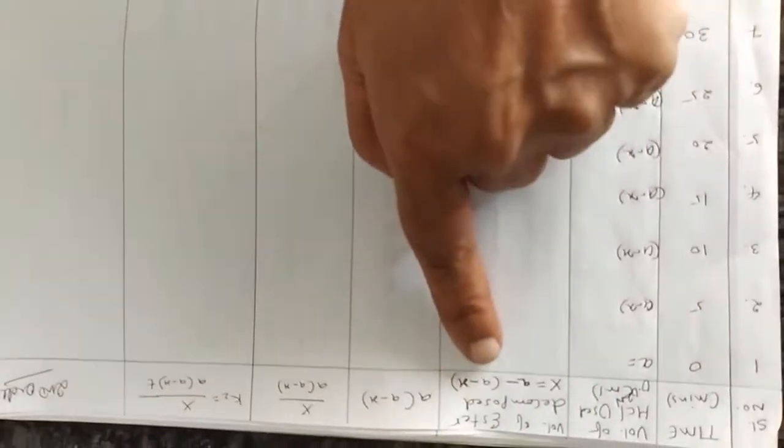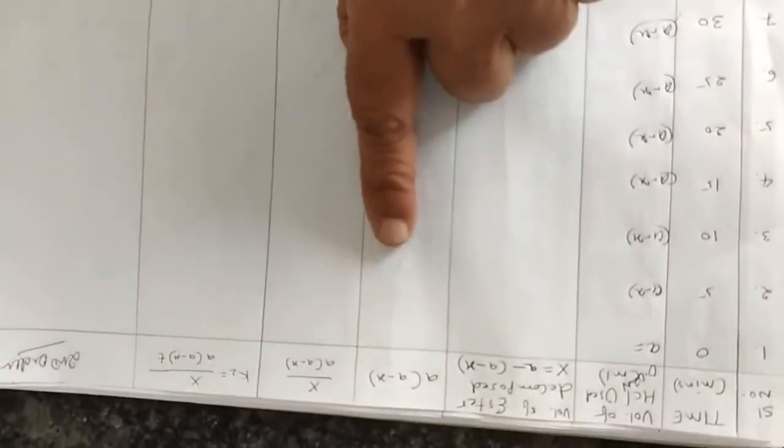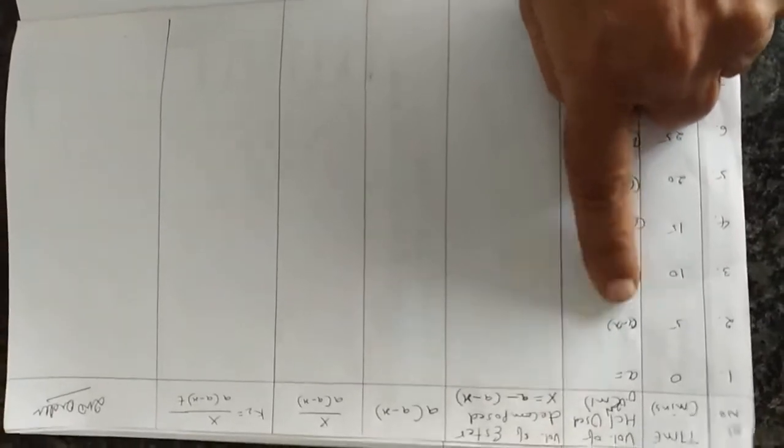Okay. Then next you will be taking the volume of the ester which has got decomposed. To find that out you will be using the formula X is equal to A minus (A minus X). Then you will be finding out A into A minus X, the initial value with the values of the volume used at different time intervals. That value you are going to take.